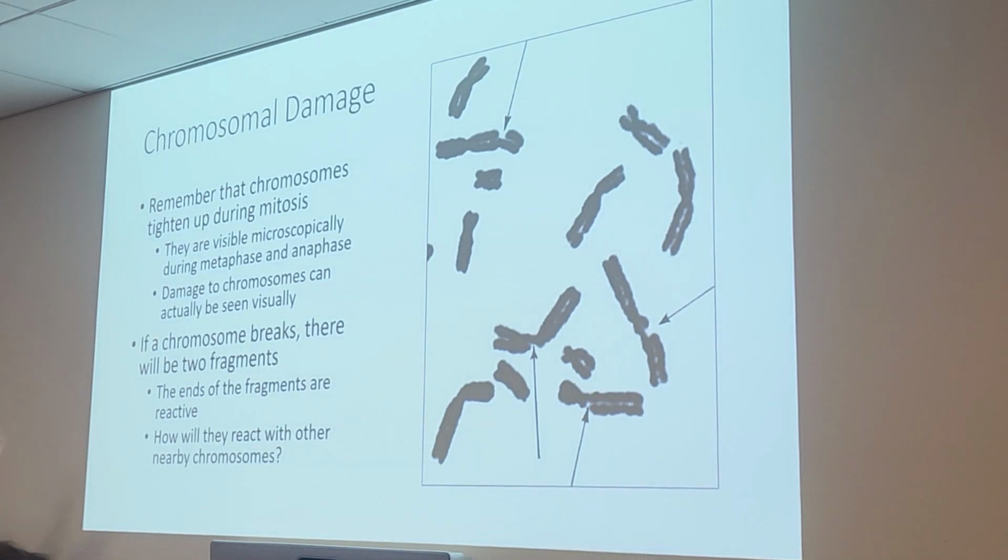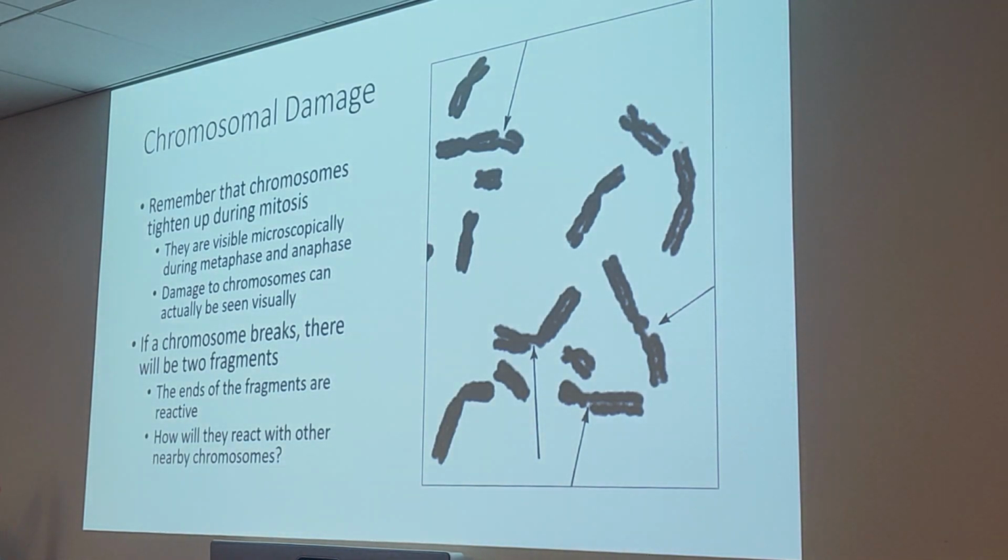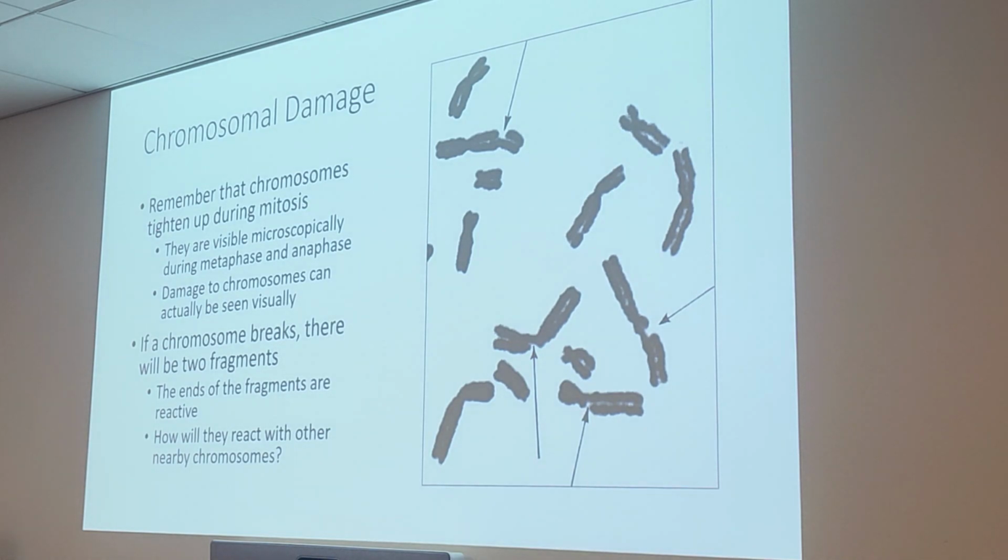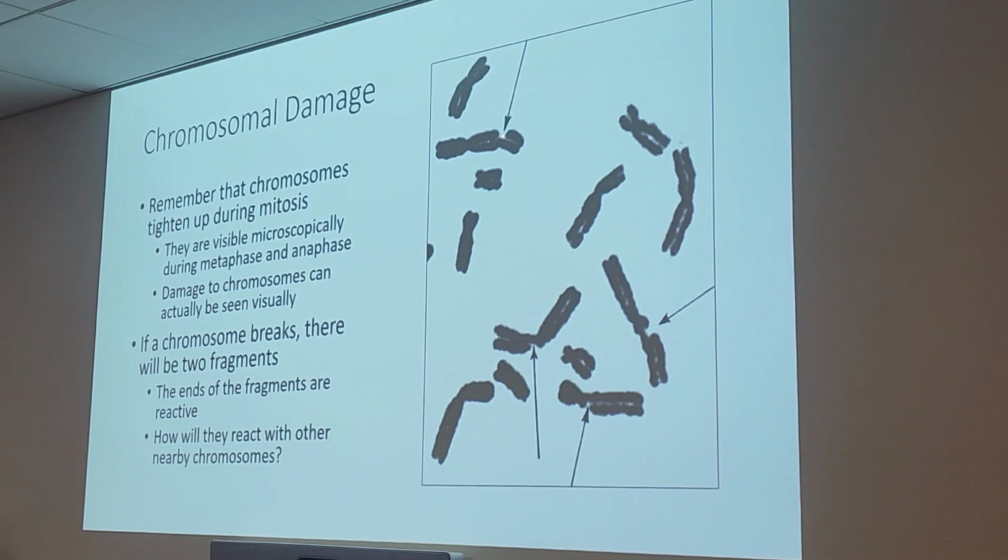During metaphase, when you can see these chromosomes trying to line up in the center, you can physically see them with your eye, using a microscope. And you can physically see damage to the chromosomes as well. You see here that the leg of the chromosome has been chopped up, right? Here is one of our double strand breaks. Both strands of the DNA broke, and so the entire thing came off.